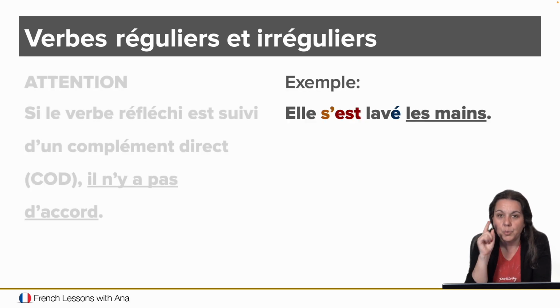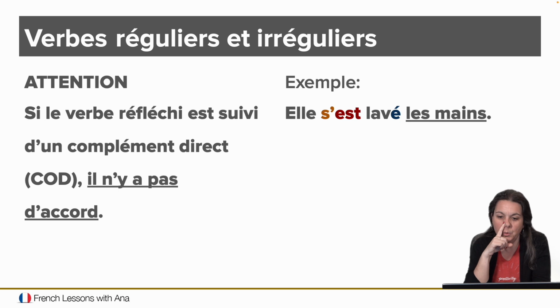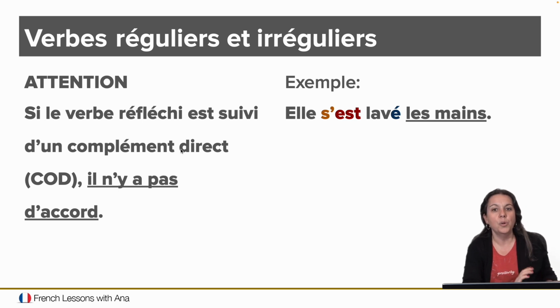Okay? Now, there's one thing you need to pay attention to, which is if the reflexive verb, that's what this means. Si le verbe réfléchi est suivi d'un complément direct, which is un COD, check out the video on these pronouns, COD, COI, Y, and EN. Okay, so complément d'objet direct means COD. Il n'y a pas d'accord.